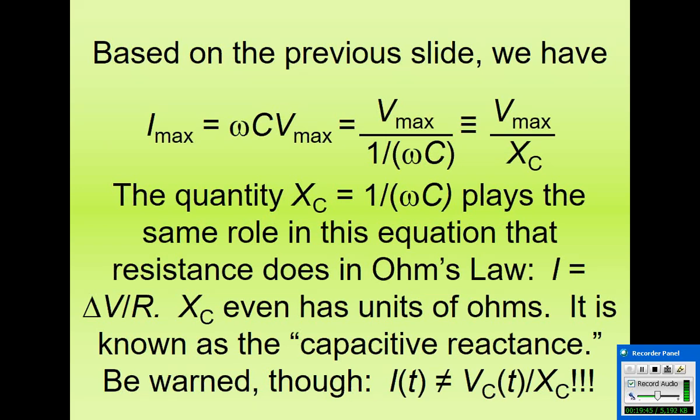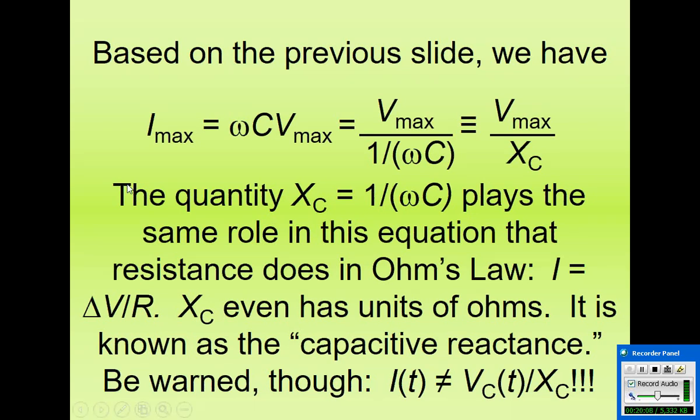And this quantity 1 over omega C is rewritten as a capital X subscript C. It acts a little bit like a resistance. And what we have is something that kind of mimics Ohm's law. The maximum current is equal to the maximum voltage divided by X subscript C.